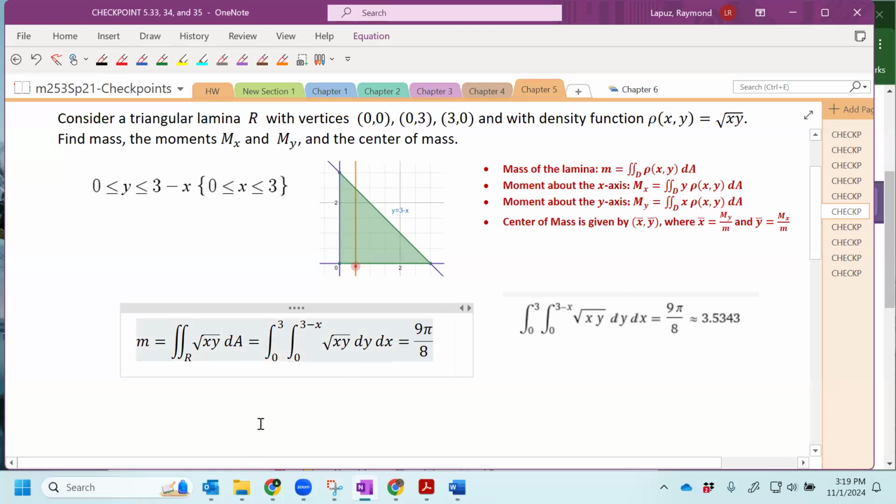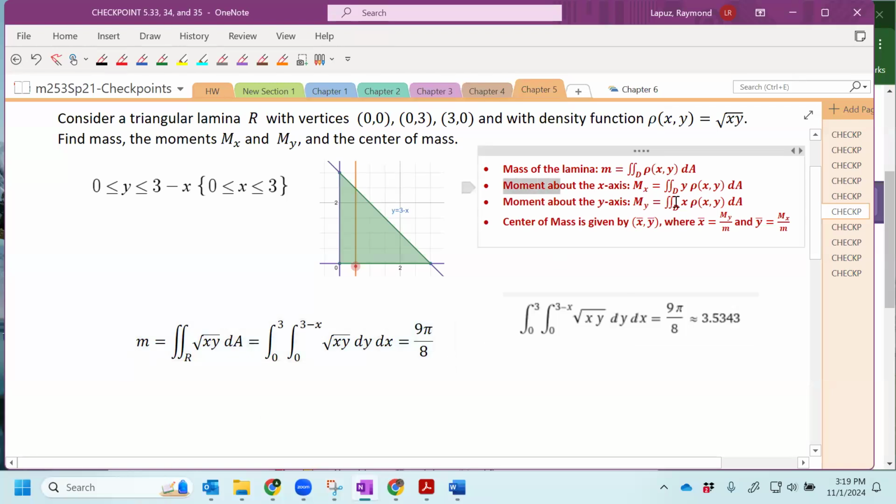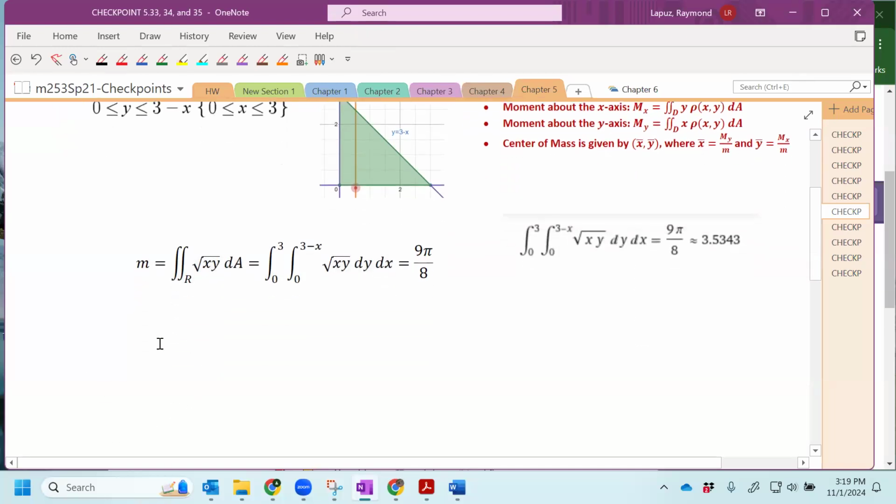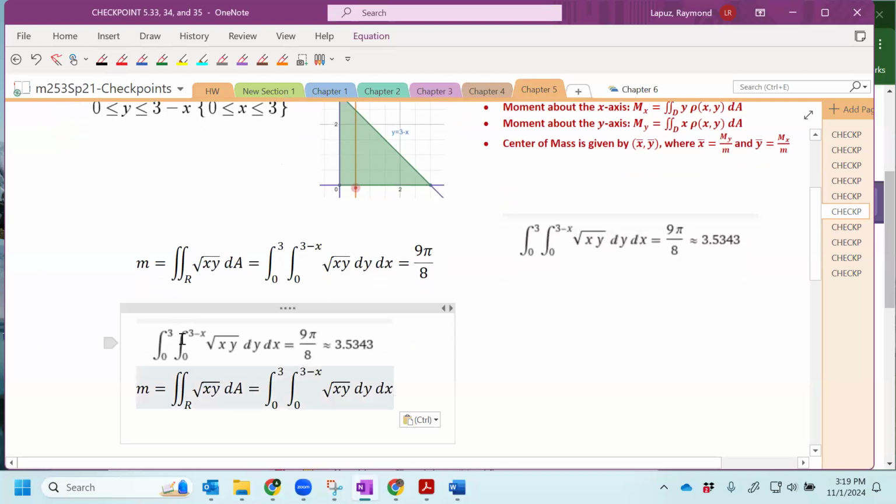Let's move on to checkpoint 5.34, where they ask us to find the moments. The moments will essentially be almost the same thing, except you see the difference here is that for Mx, we multiply the density by y. For My, we multiply the density by x. So at least for me, I'll copy and paste.